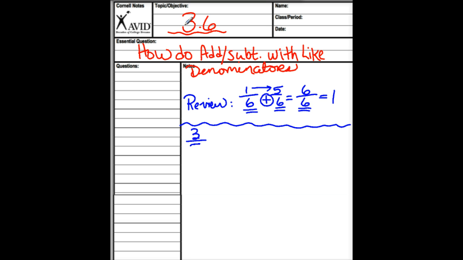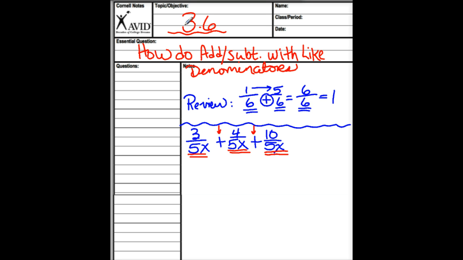If I have 3 over 5x, and then 4 over 5x, and then I add to it 10 over 5x. The first thing you do when you're looking at fractions is note that you are not multiplying, you're adding. Addition requires a common denominator, but for today you're going to have one.